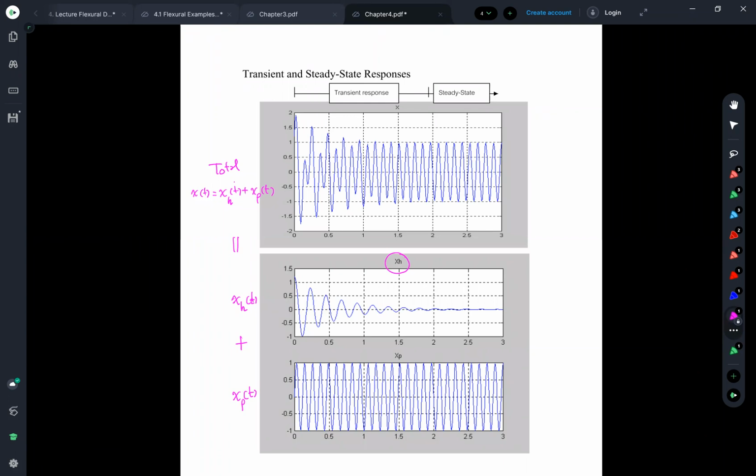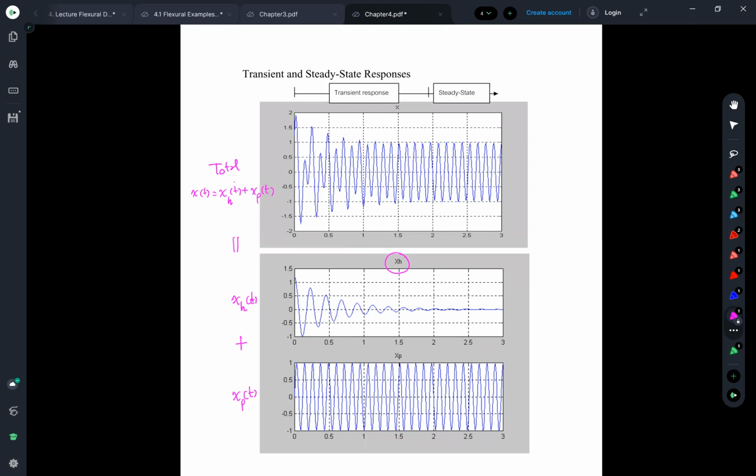This is a free vibration, becoming smaller and smaller. But please note that this example is an underdamped system, with a damping ratio, I think maybe 5%, something like this. It's the normal case of our building.